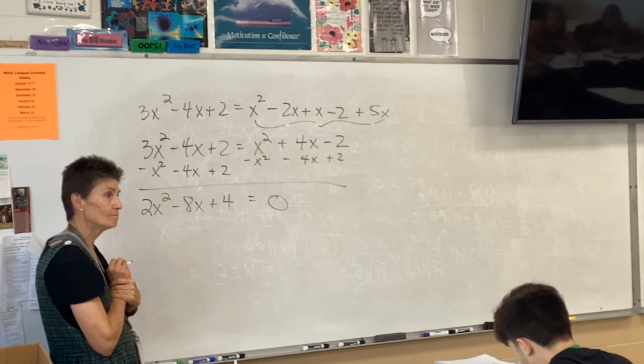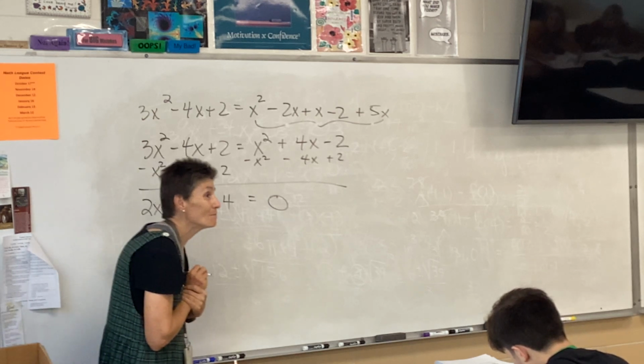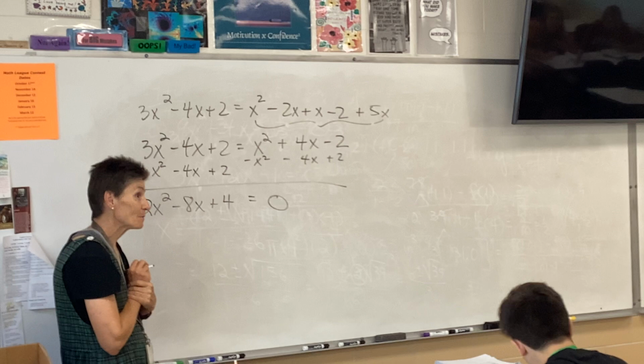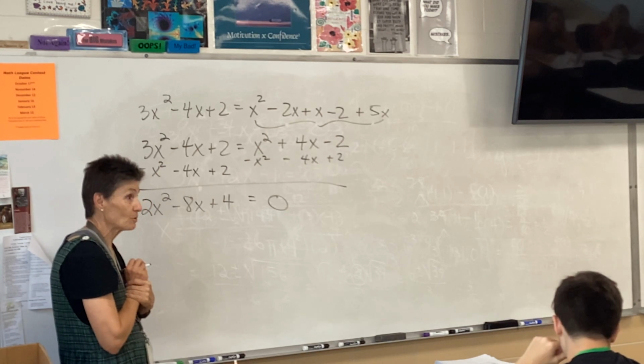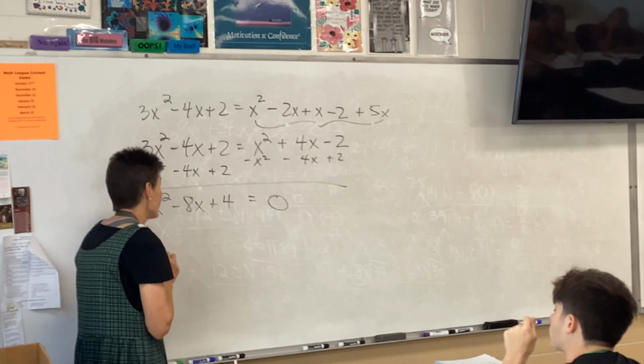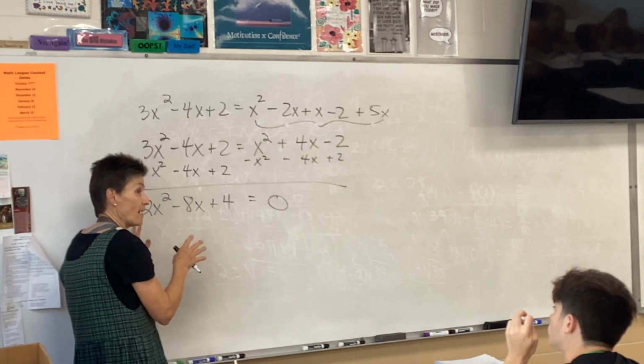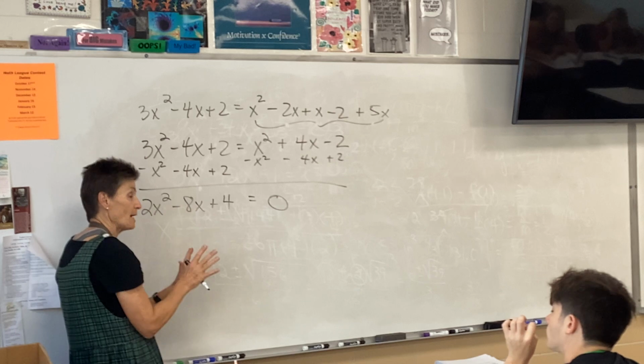Now what? Now do we FOIL or factor? We can try to factor, absolutely. Now, Tilly, anytime you have an x squared, you can try that. Now, it's not always going to work. We saw that in our last problem.